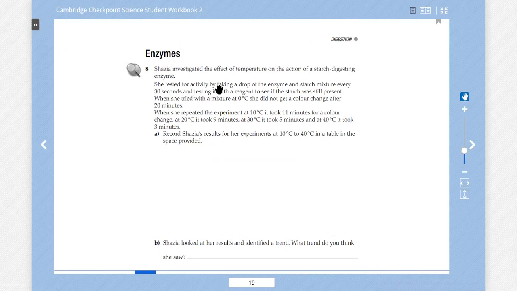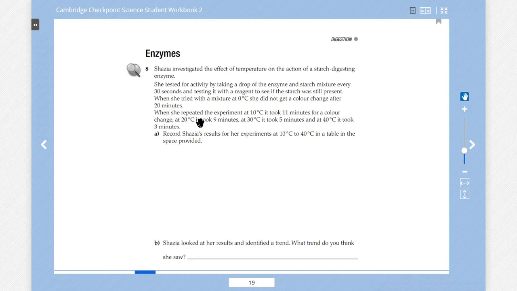She tests for activity by taking a drop of the enzyme and starch mixture every 30 seconds and testing it with a reagent to see if the starch was still present. When she tried with a mixture at 0 degrees Celsius, she didn't get a color change after 20 minutes.